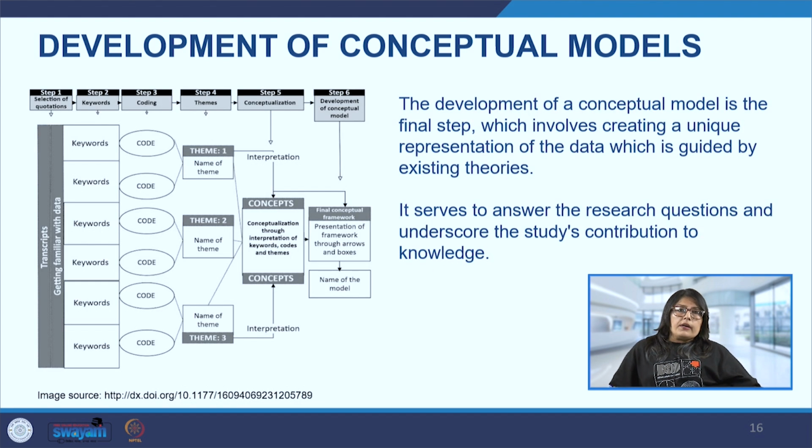When it comes to development of conceptual models, this is the final step, which involves creating a unique representation of the data guided by existing theories. These representations can take many different forms, including flowcharts, diagrams, wireframes, or prototypes.